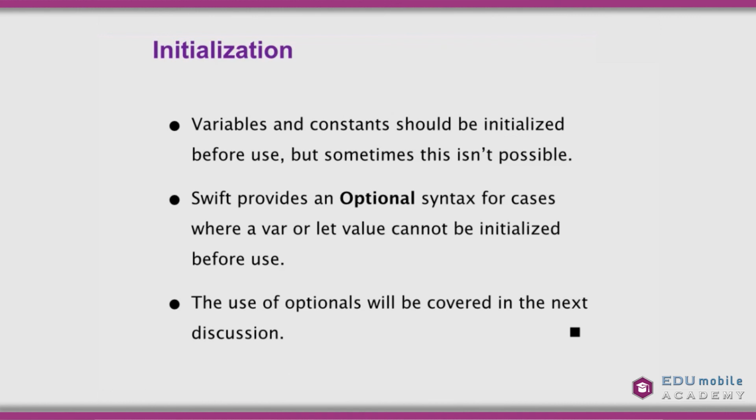So with a variable declaration, sometimes this isn't possible to pre-initialize something. So for this case, Swift provides something called an optional syntax for cases where a var or value of some kind cannot be initialized before it's used. And we'll talk about how those optionals are used in discussion 2.